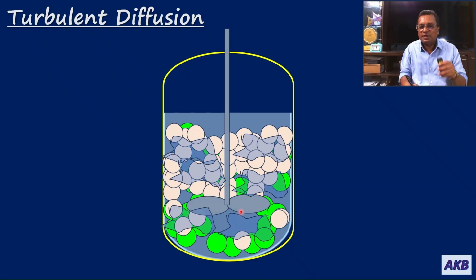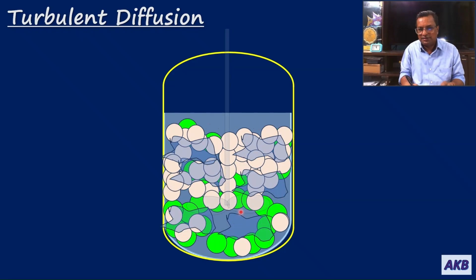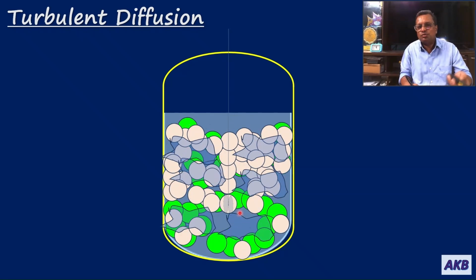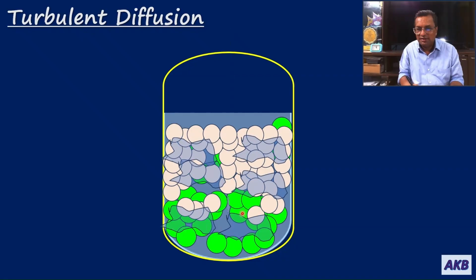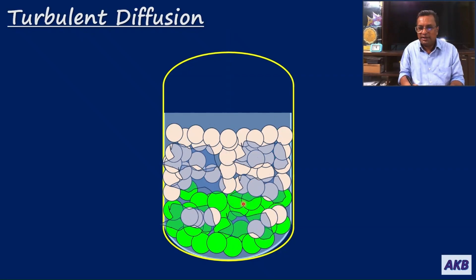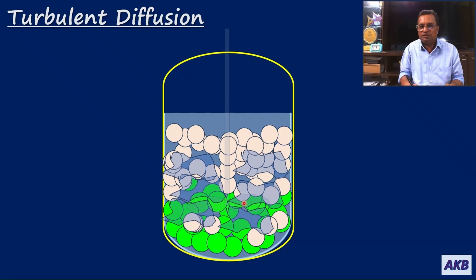So in this way, turbulent diffusion is brought about by movement of eddies that are formed under turbulent conditions. As the eddies move randomly, they carry the substance along with them and bring about the transfer of that substance. So in this way, mass transfer takes place under turbulent conditions, and we call that turbulent diffusion.